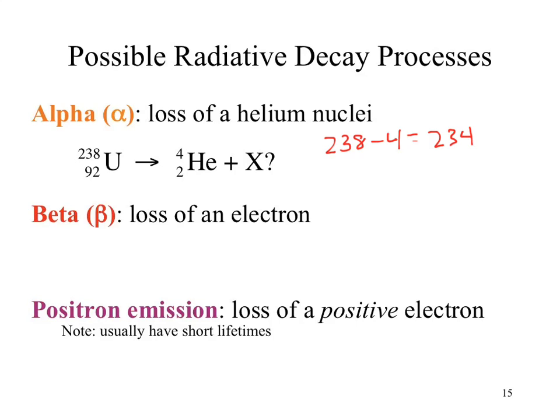What's our charge? We started at 92 and we lost 2, which gives us 90. What species is identified by those characteristics? Where did it go? There it is. Some of you already said it. We have thorium.